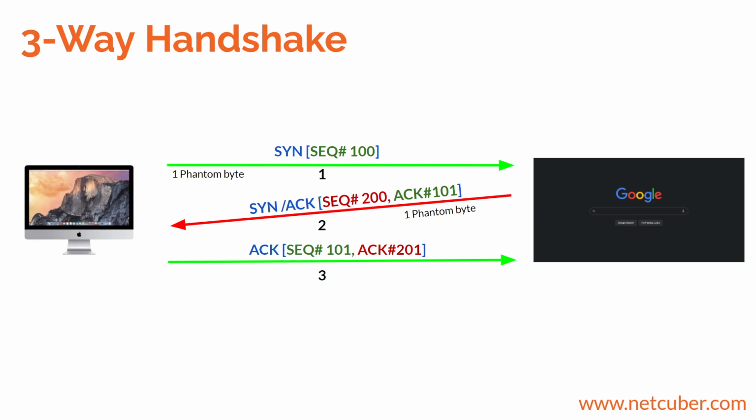So it understands, all right, all in place. So it is acknowledging the same information, saying I received the server sequence number and I'm updating one phantom byte. So it is 201, and it is sharing the client sequence number also, which is 101.